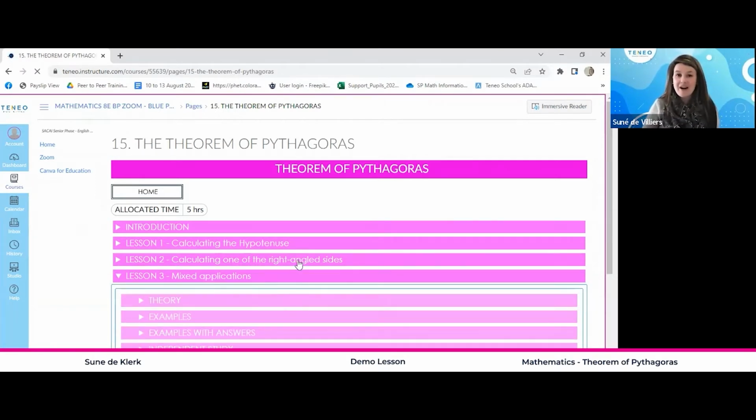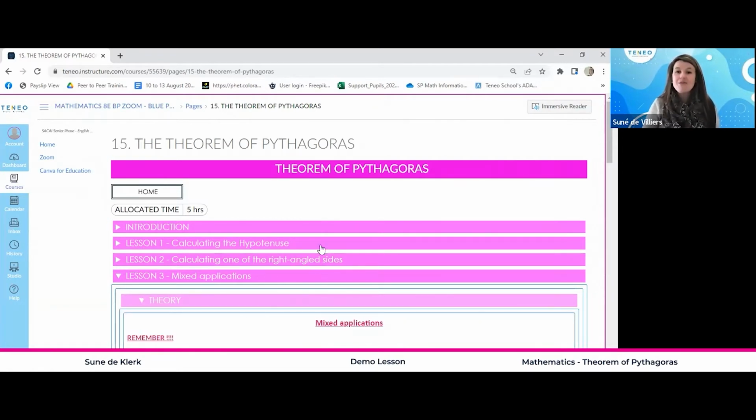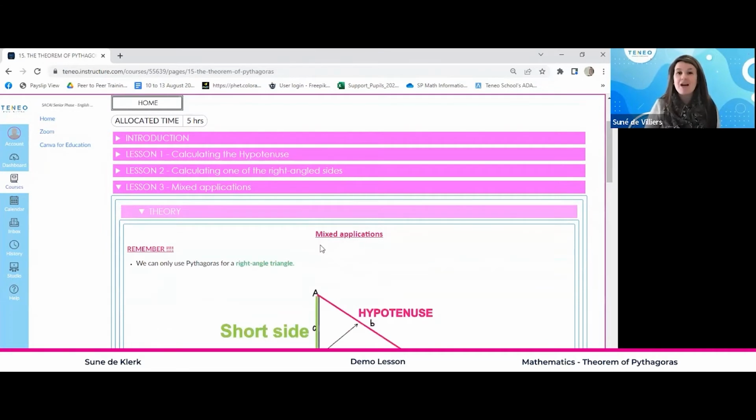Let's quickly revise the following that you need to remember for Pythagoras. The first thing that you need to remember is that we can only use Pythagoras for a right angle triangle. Not any triangle, only a right angle triangle. The next important thing is we will always go and search for our hypotenuse.